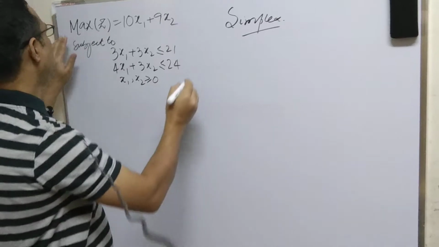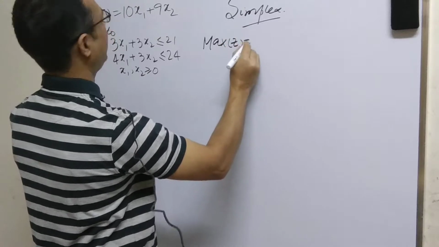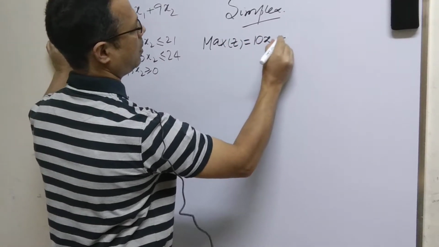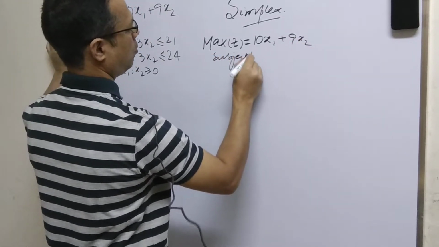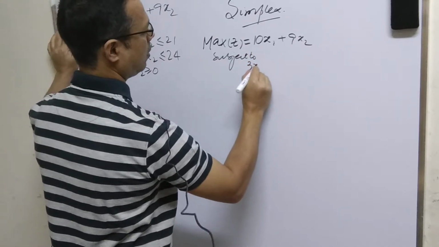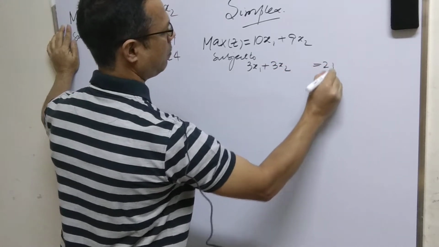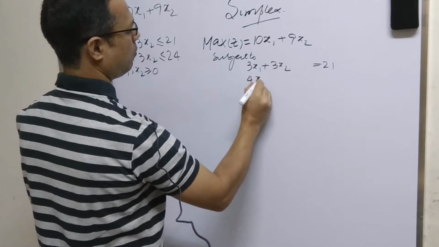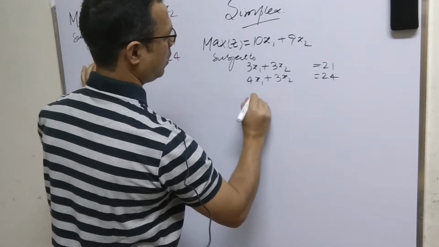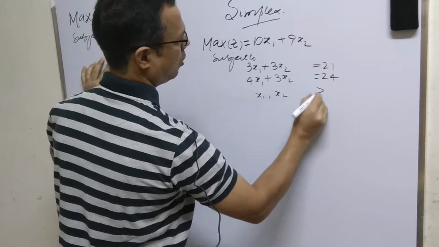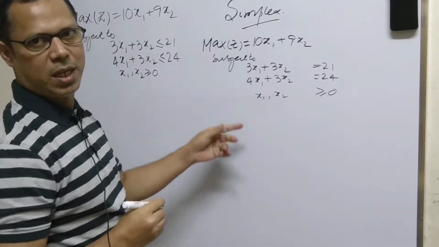This is a maximization type of problem, so we write max Z = x1 + 9x2 subject to 3x1 + 3x2 ≤ 21, and 4x1 + 3x2 ≤ 24, with x1, x2 ≥ 0, because the variables are restricted: they will always be either 0 or greater than 0.